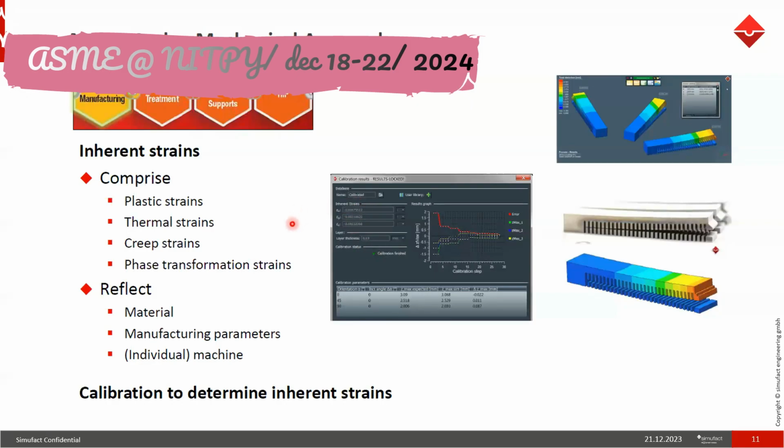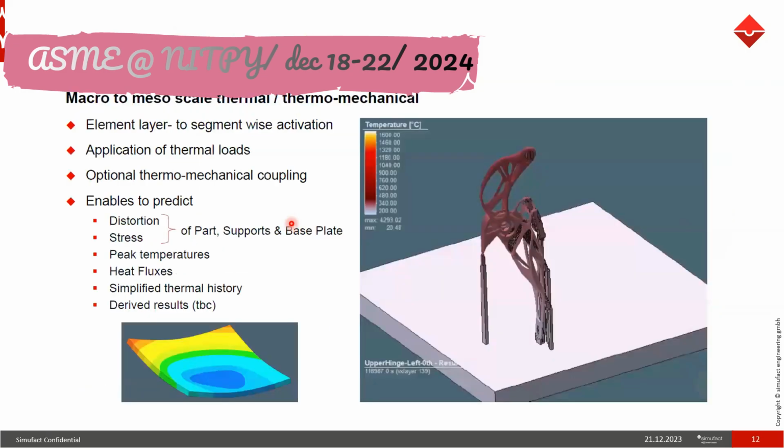We just put the strains in our model and perform the mechanical analysis, so we don't get any thermal history. If you want to study the thermal history, we can use the thermomechanical approach, where we get distortion, stress, peak temperature, and heat flux, just like a welding analysis.